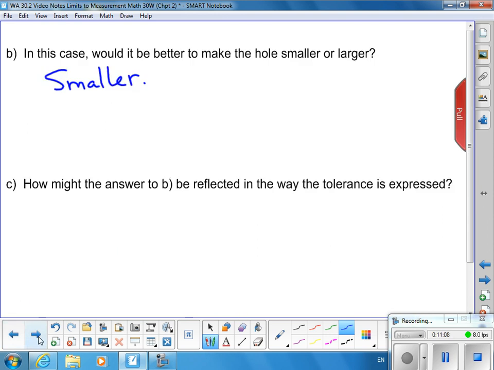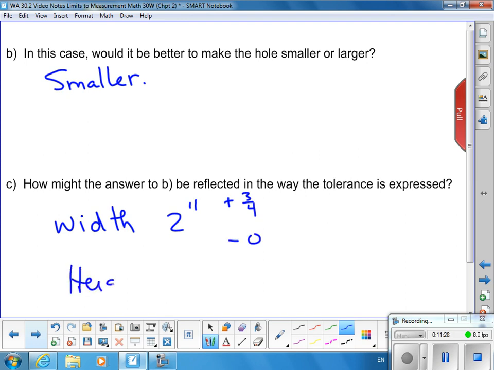Okay, what might the answer to B be reflected in the way the tolerance is expressed? Well, it might be more practical to write the dimensions as follows. The width you want is 2 inches plus 3/4 of an inch, but you don't want to be any smaller than that.